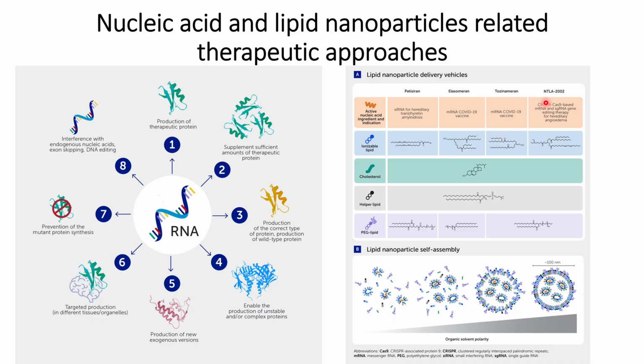And in NTLA-2002, Cas9 based mRNA and sgRNA gene editing therapy for hereditary angioedema has also been approved by the FDA.